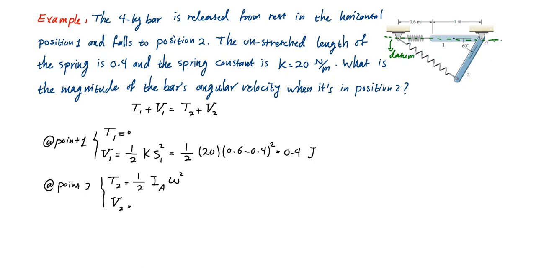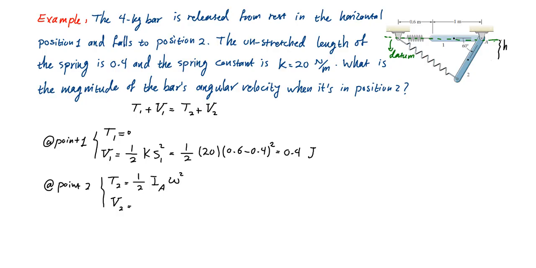Now when we go to point 2, here is a slender bar. It's 4 kilogram, and we know the length is 1 meter. The center of gravity is exactly in the middle, so 0.5 meters away from point A. What happens is that the center of gravity falls by h, whatever that h is.